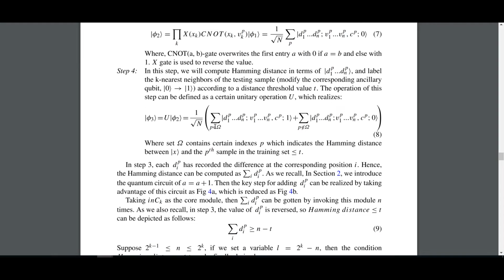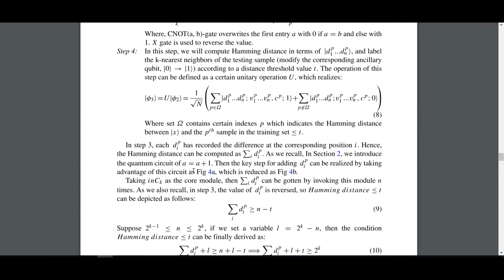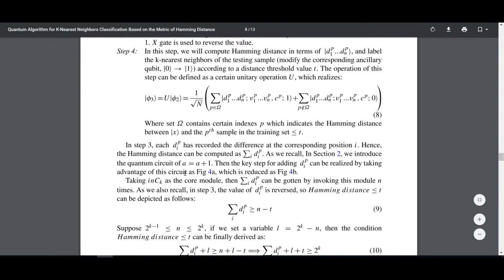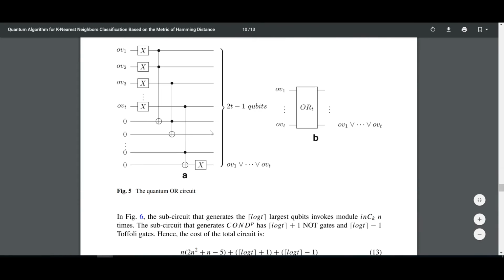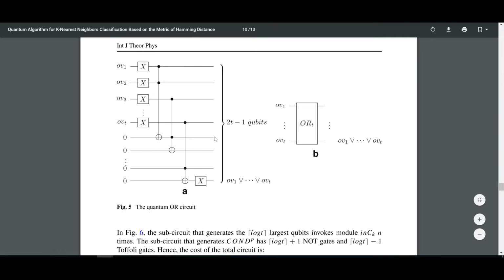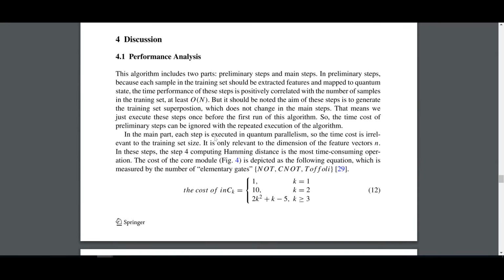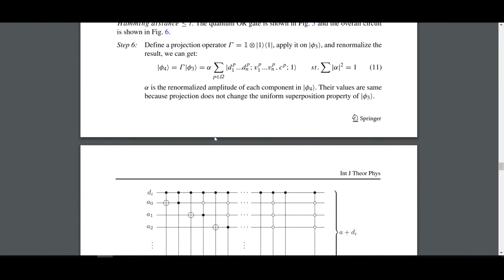But in order to do that, they introduced earlier in the paper a quantum circuit for doing A plus 1, and they reuse that. I think it's in figure 5, sorry, not in figure 5. Here.